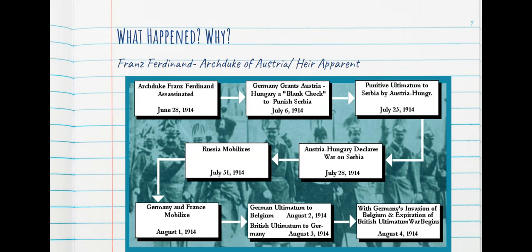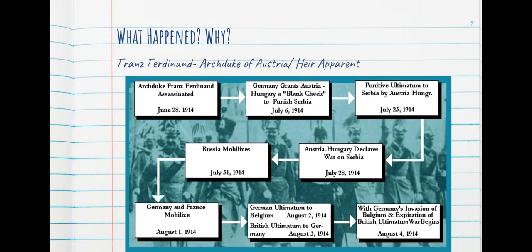So after the bomb, Franz Ferdinand wants to go visit the people who are injured, leading to a change in the parade route, which the driver, who was not from Sarajevo, did not know the streets all that well.